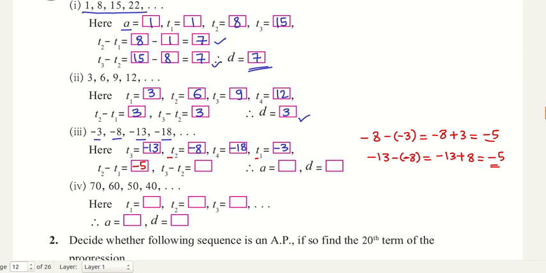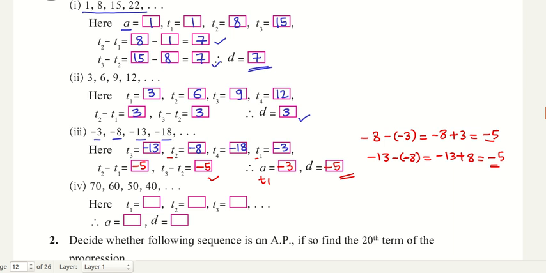So this is also minus 5. Therefore the value of a is nothing but T1, the first term, which is minus 3, and the value of d, the common difference we have found, is minus 5. So these are our answers.